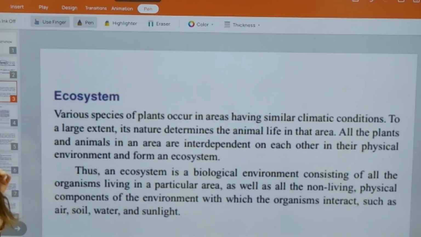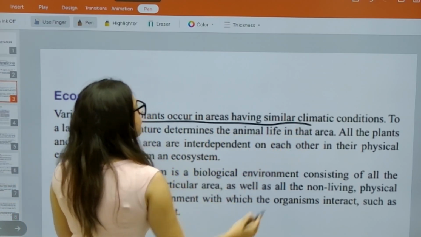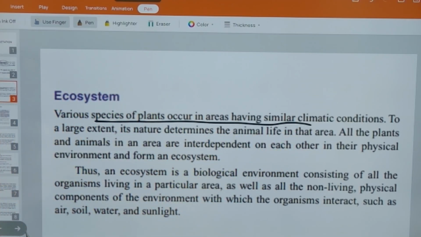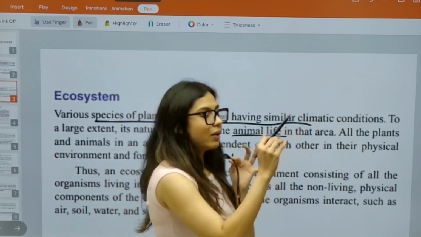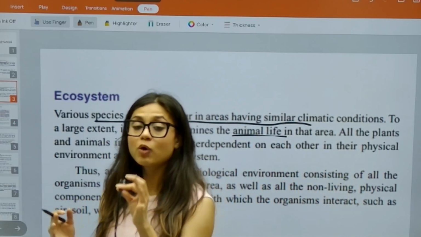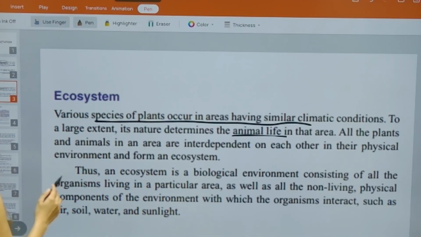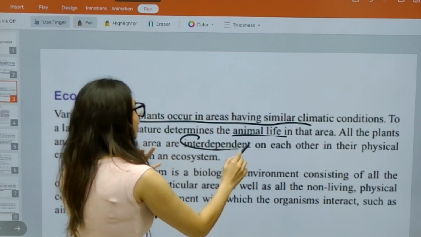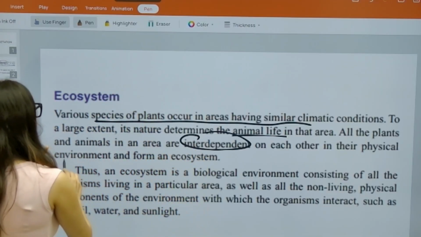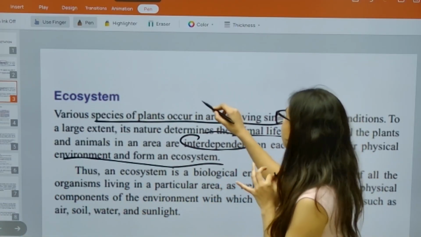Then let's talk about what is ecosystem. When various species of plants have similar climatic conditions, to a large extent nature determines the animal life. So it is because of the plants that the weather is determined, and then the human habitation and the animal habitation are determined. All the plants and animals in an area are interdependent on each other, and this interdependence is known as none other than ecosystem, the relationship basically.